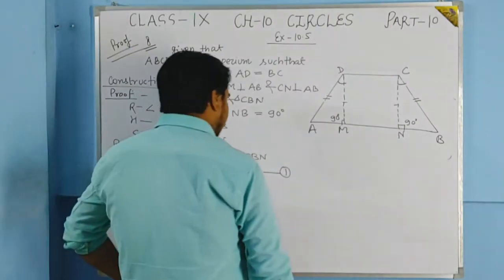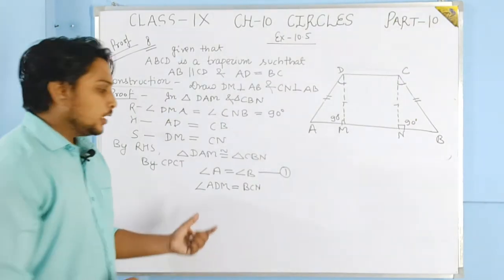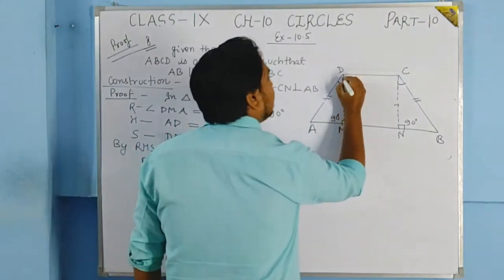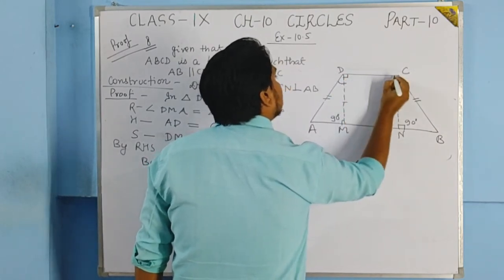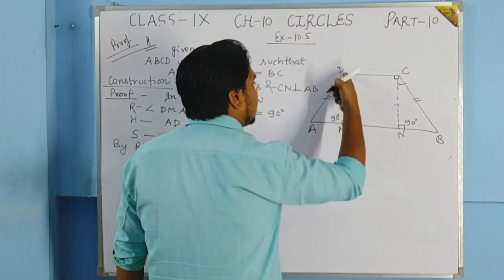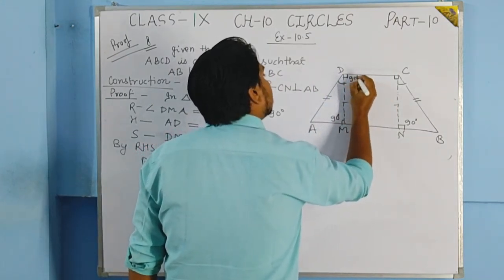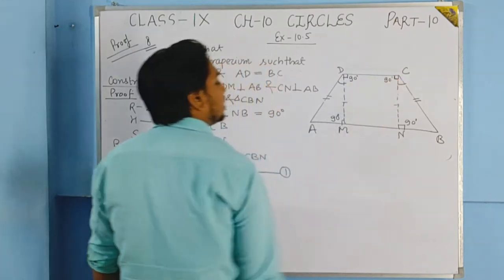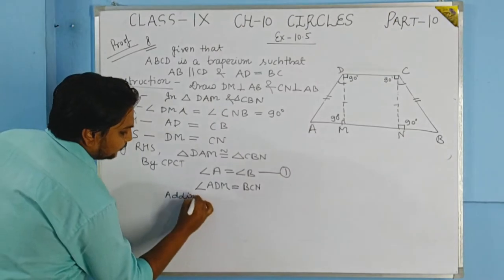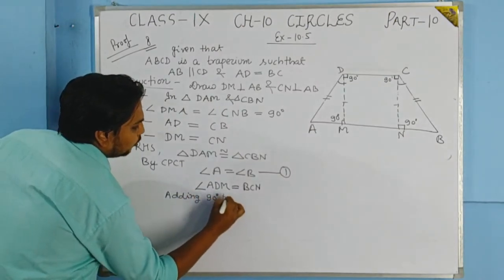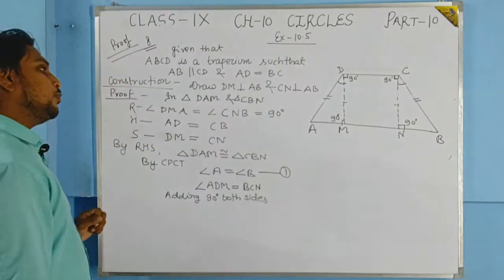Okay. Now students, if we add 90 degree in these two angles, okay, here also we have added 90 degree and here also we have added 90 degree. Since they are perpendiculars, then it should be 90 degree. Now what we are doing, adding 90 degree both sides.